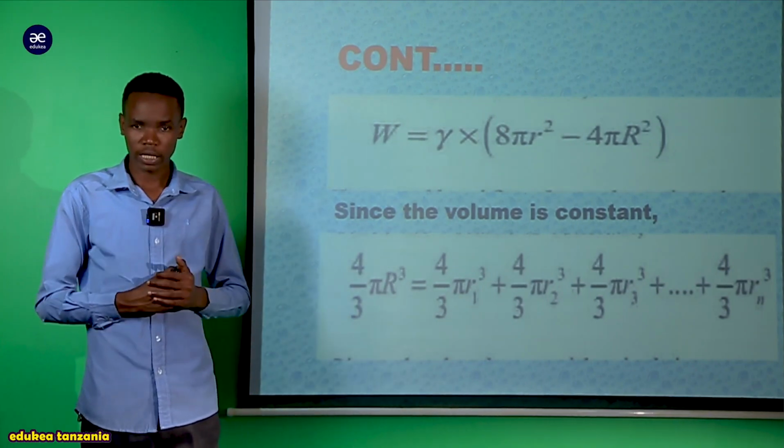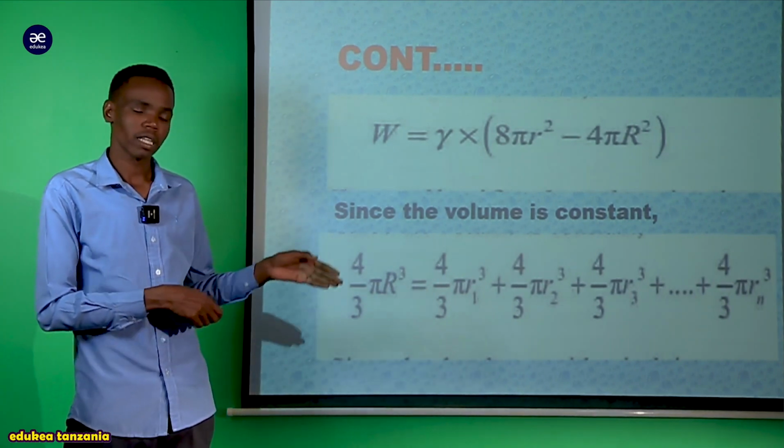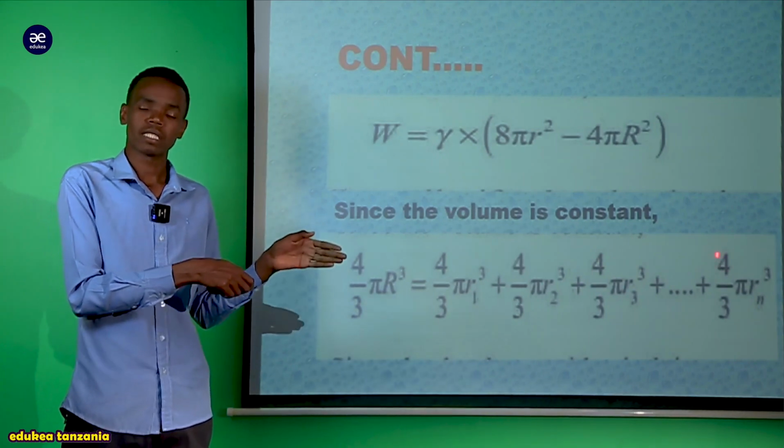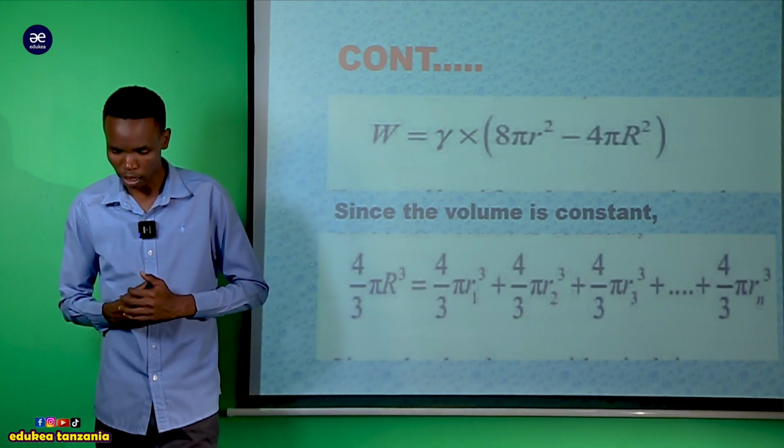the volume of the single liquid droplet must be equal to V1 plus V2 plus V3 plus dash to the nth items of that liquid droplet.